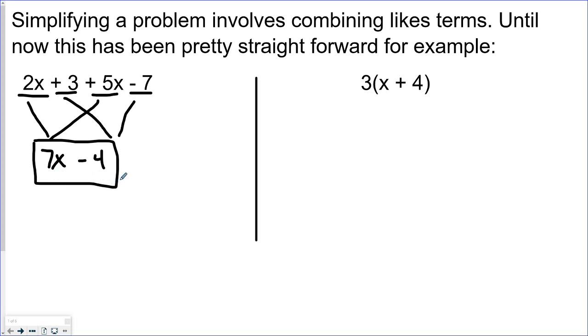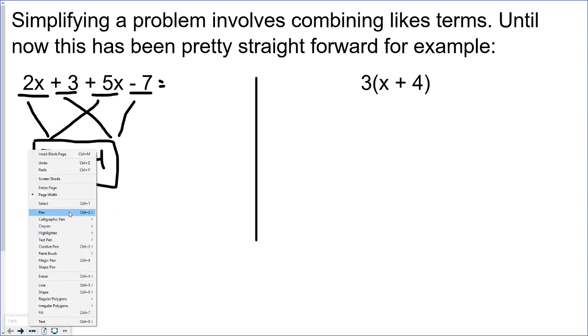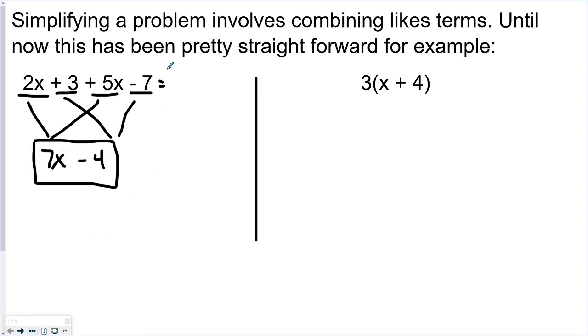So for example, if I plugged in 2 for x up here, so if I switched out all my x's for 2s, let me do this in a different color just to make sure it's not too cluttered. If I do 2 times 2 plus 3, plus 5 times 2, minus 7.